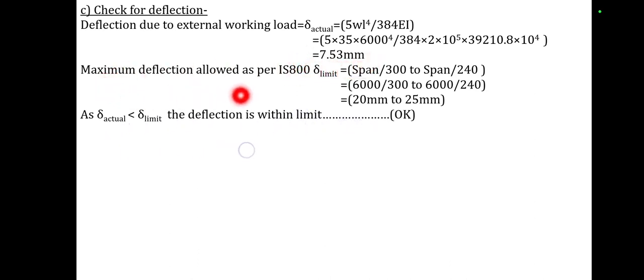The maximum deflection allowed as per IS 800-2007, delta limit, is span by 300 to span by 240. The value lies between 20 mm to 25 mm, but our actual value of delta is much lesser than the delta limit. Hence our beam is safe in deflection.